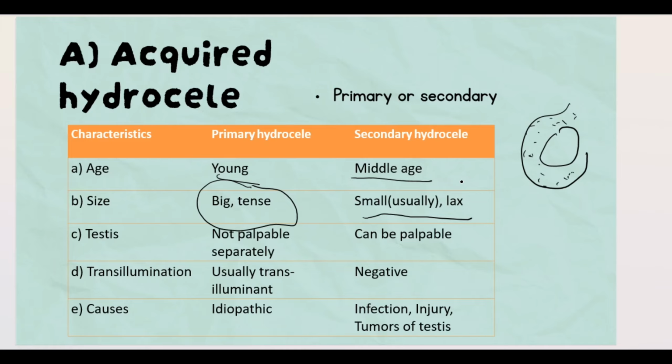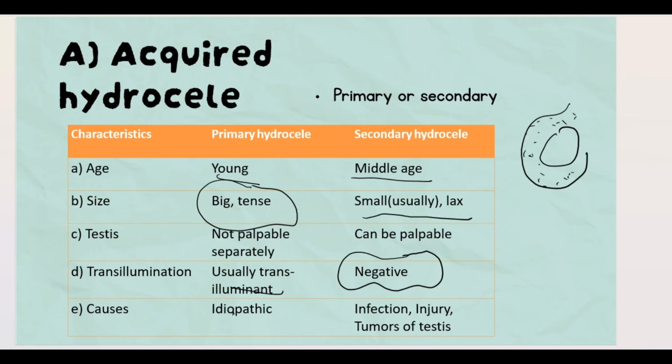But in secondary hydrocele, as the amount of fluid is small, we may palpate the testis separately. Transillumination test. Transillumination test is usually positive in primary hydrocele, whereas in secondary hydrocele there may be some infection or pus inside the cavity, so it may be negative.